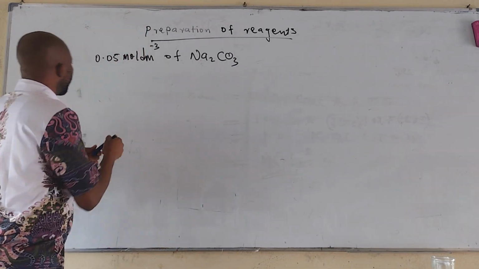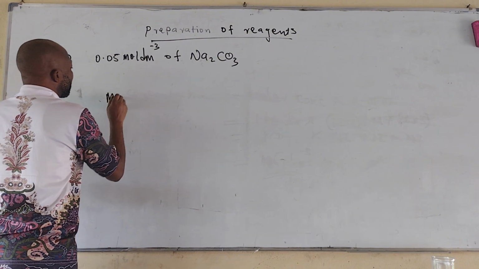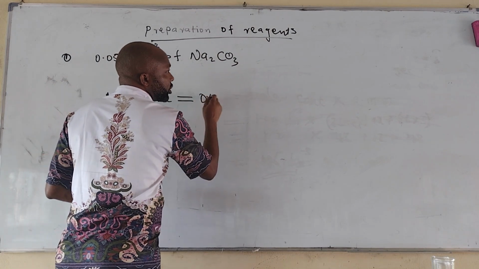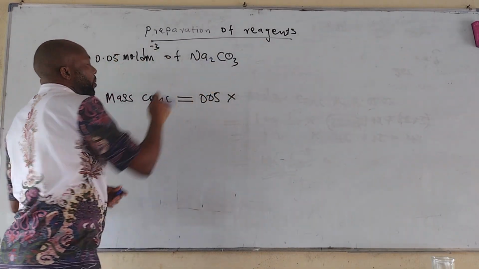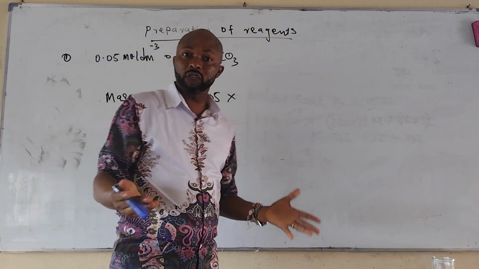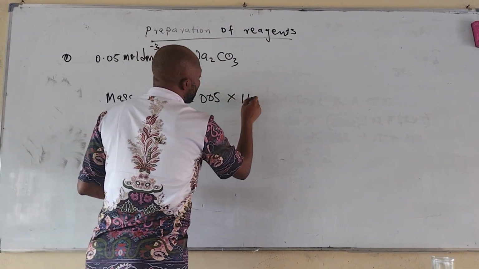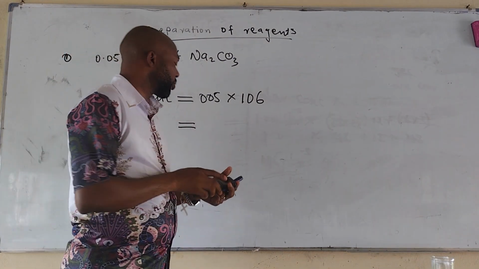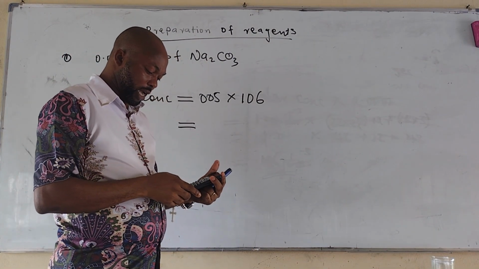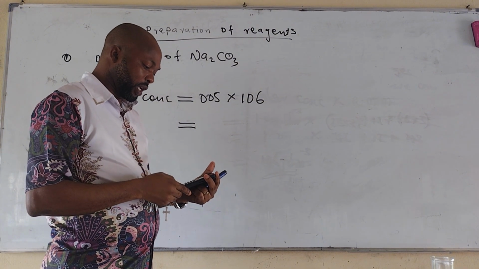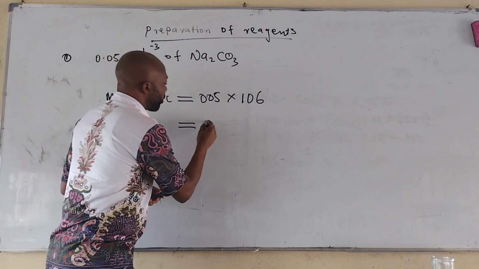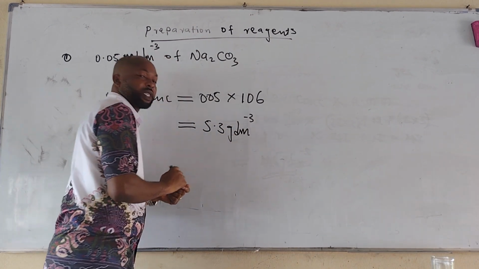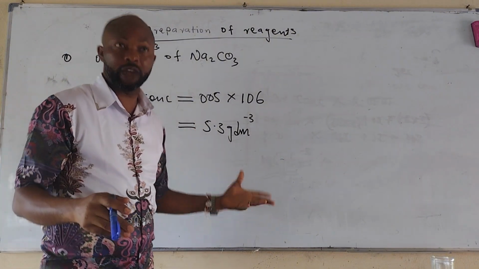We have our mass concentration. Mass concentration is equal to the molar concentration, which is 0.05, times the relative molecular mass, which we calculated earlier to be 106. So this is 106 times 0.05, which is equal to 5.3. So 5.3 g/dm cube.